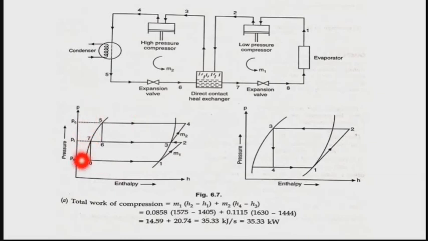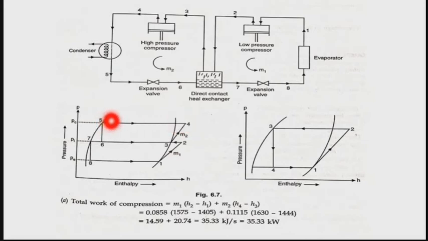Here you can see that both the two-stage system and the single-stage system pH charts are given. In the two-stage pressure system, you can see 1 to 2, 2 to 3, 3 to 4, 4 to 5 and 5 to 6. Up to this 5 you will understand, because two compressors are there, starting from 1, 2, 3, 4 and 5.